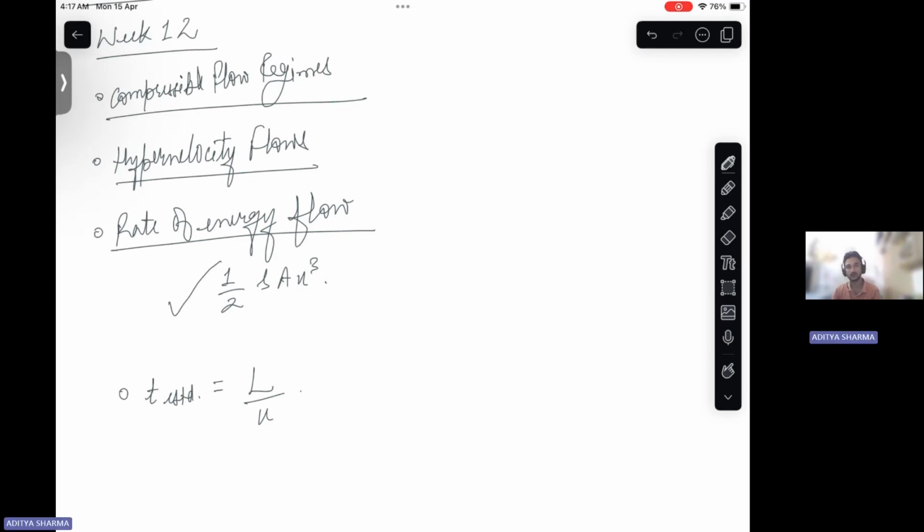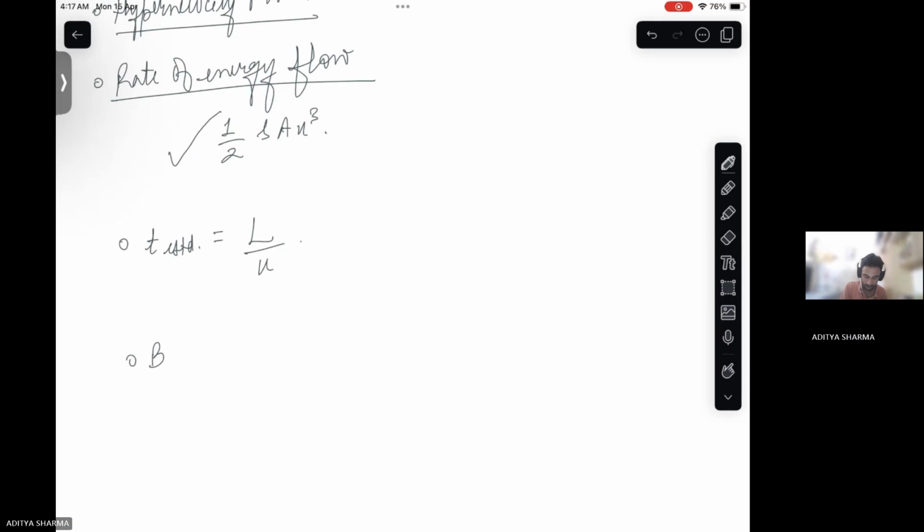After that, discussion has been done on the body pass ratio, right? BP, which is the ratio of the test time available in the facility to the flow establishment time.